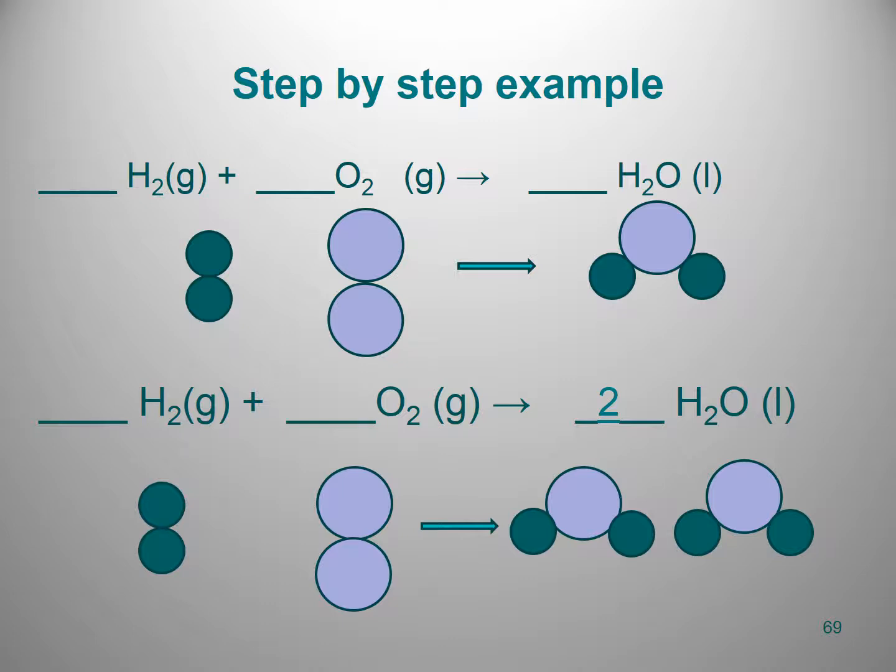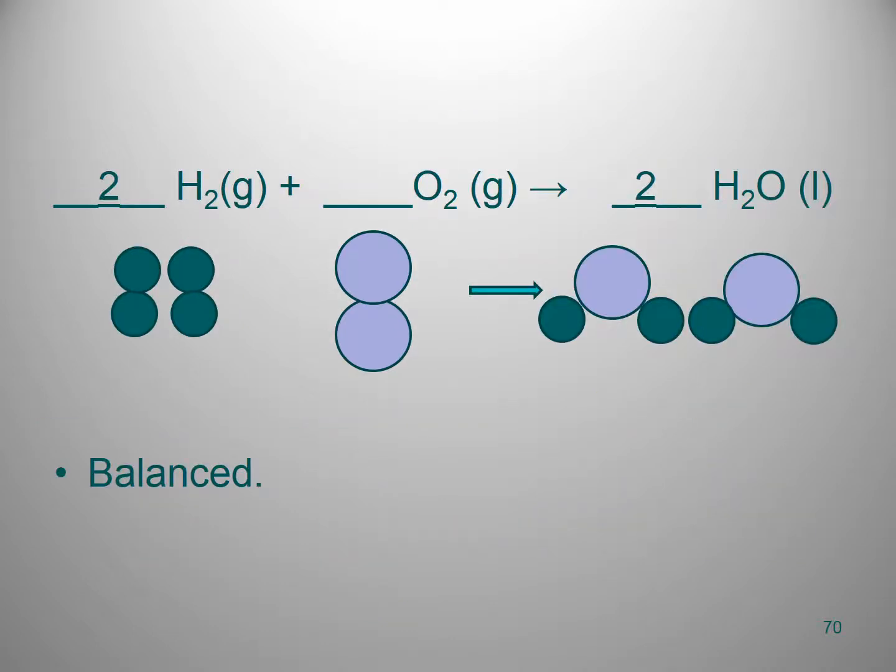So now I have 4 green circles or 4 hydrogen on the right, and I have 2 on the left. But if I double the number of hydrogen on the left, again, think multiplication. It's harder if you think add one more. Think multiplication. What do I need to multiply to get the same number? You put a 2 in front, and now everything's balanced. Let's do a few more examples here, and I'll give you some guidelines on the best way to balance an equation.